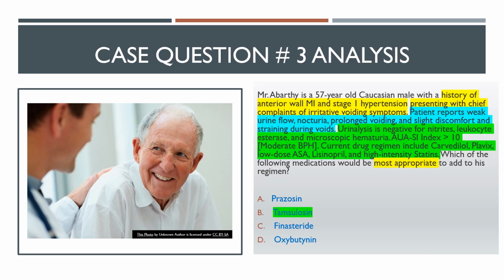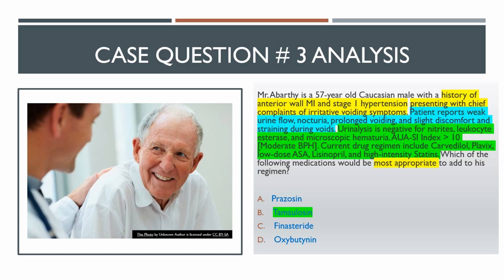Case question number 3, analysis. Referring back to our basic concepts for test taking, main concepts to note include patient specifics such as anterior wall MI, stage 1 hypertension, chief complaints of irritative voiding symptom, negative UA, and AUA-SI index greater than 10, which indicates moderate BPH, and current medication list.